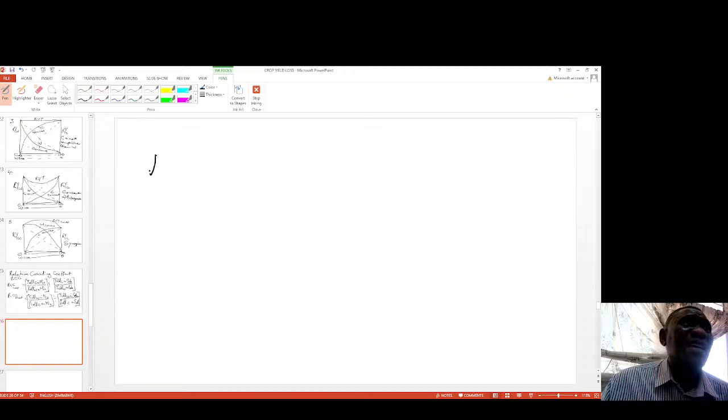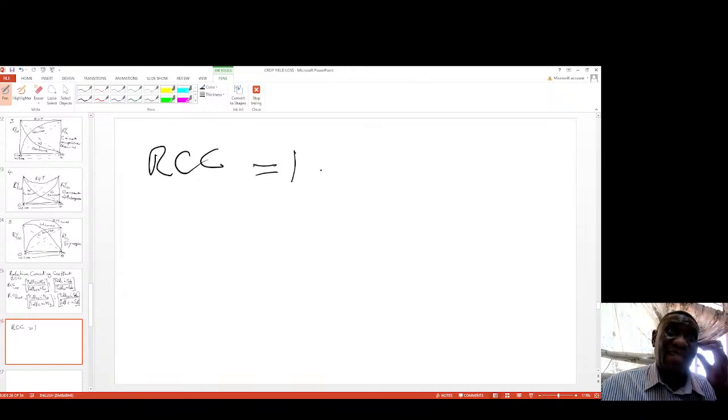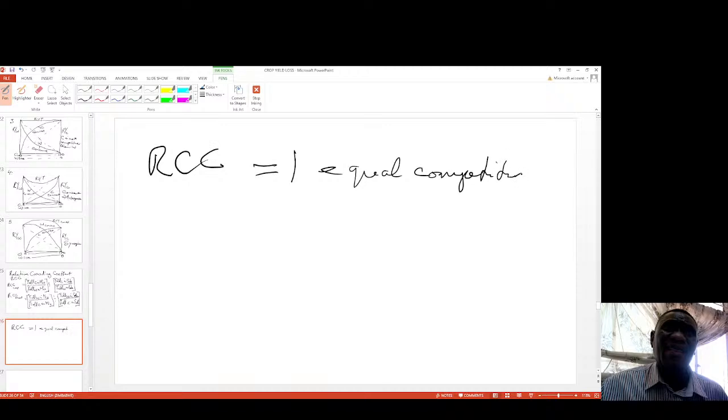Let's suppose RCC is 1. This means equal competition. The competitive ability of the weed and the crop are the same. If it is less than 1, it depends whether it is RCC weed or RCC crop.